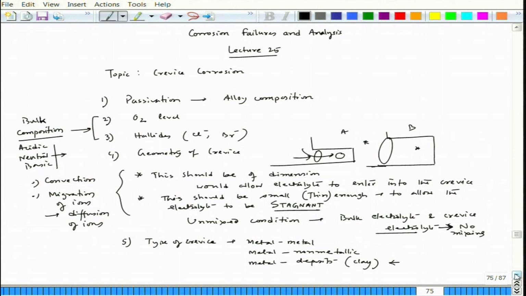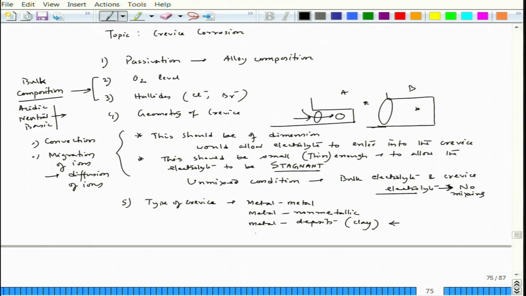Okay. And of course, there could be a situation when we are talking about two different metals. For example, washer and bolt, they could have different compositions, but there could be possibility of metal itself, due to design, creating a crevice.